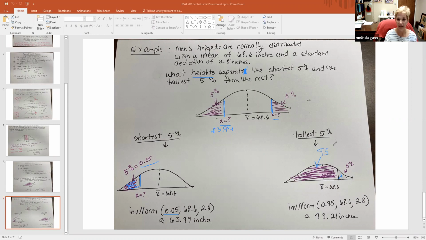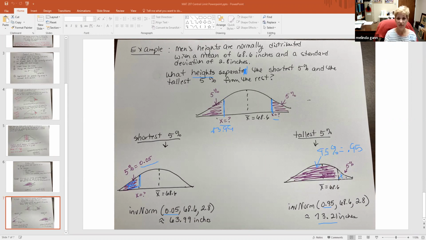Wouldn't that give me 95%? And then when you change that to a decimal, won't it be 0.95? So you have to have the area shaded to the left. So there's my area shaded to the left, the 0.95. There's my mean. There's my standard deviation. I get 73.21 inches. So this is the height that separates the top 5% from all the rest. And this is the height that separates the bottom 5% from the rest.